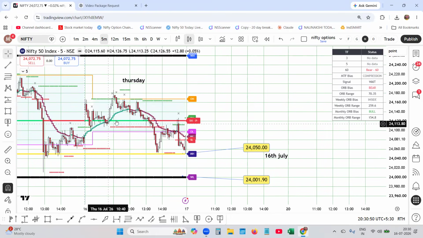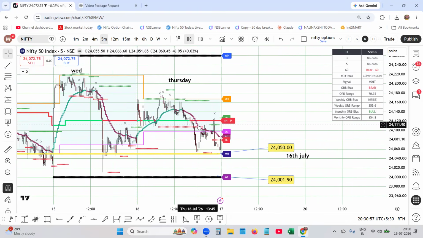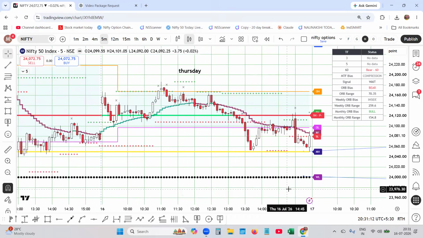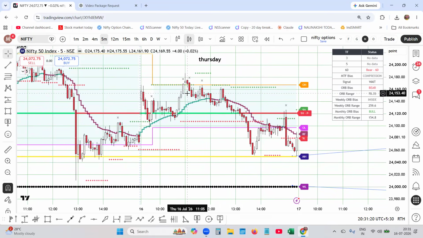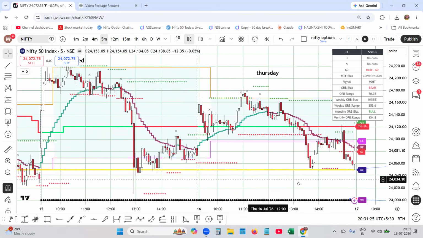And what is this? This is the internal range filter and the hourly pivots. When you see here, what did the market do today and the previous day? Let me zoom it. You can see clearly what the market did was a huge rally today.